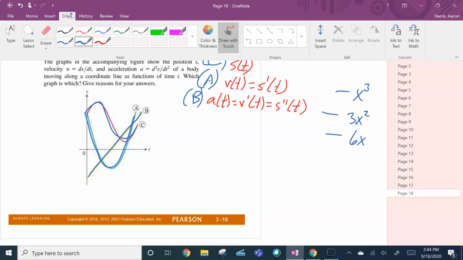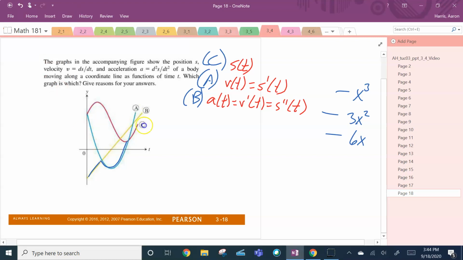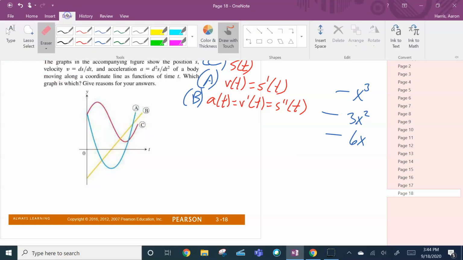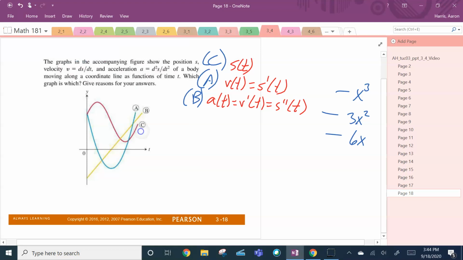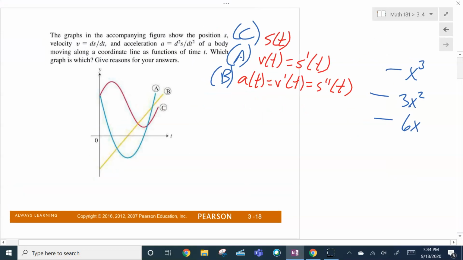Now, another way to think about this is when I'm looking at this slope of the tangent right there. That slope is 0. So its derivative should have a value of 0, right?